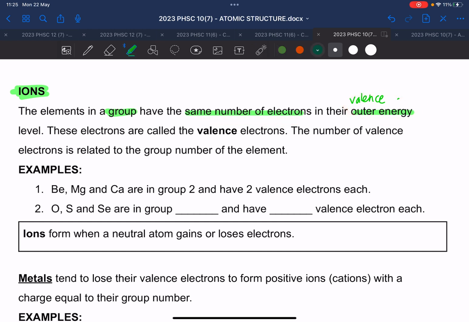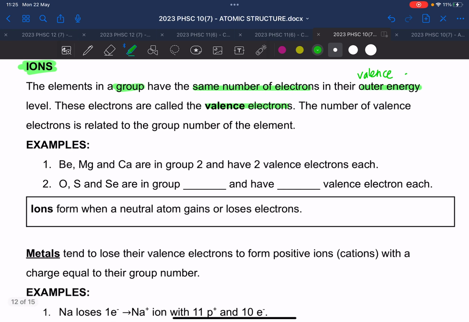These electrons are called valence electrons, and it's related to the group number. If we look at beryllium, magnesium, calcium, they are all in group 2, and they all have 2 valence electrons. If we look at oxygen and sulfur, they are in group 16.